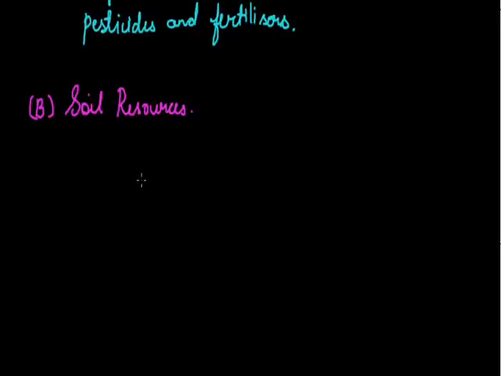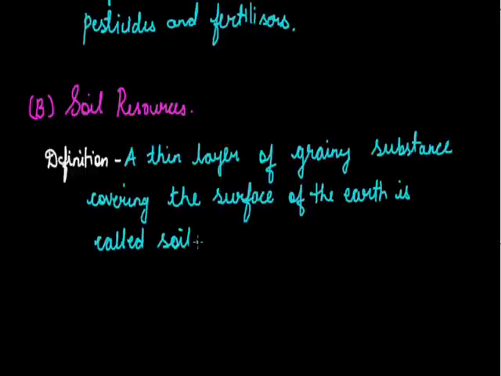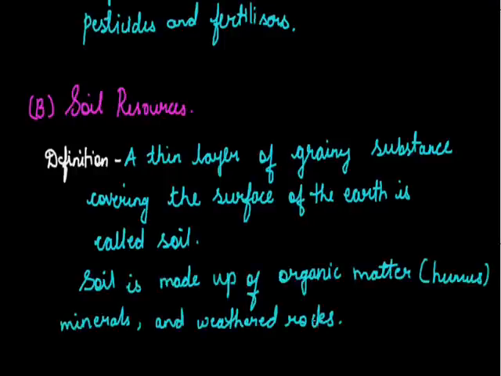Now, first of all, we are going to study the definition of soil. A thin layer of grainy substance covering the surface of the earth is termed as soil. Now soil is made up of organic matter, that is, it contains humus plus minerals and weathered rocks or grainy particles of rocks and stones.